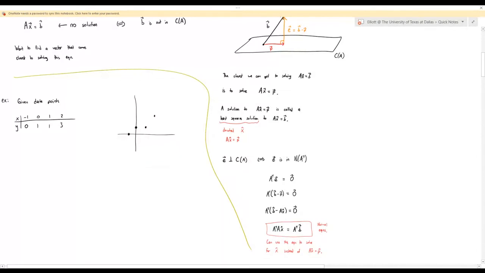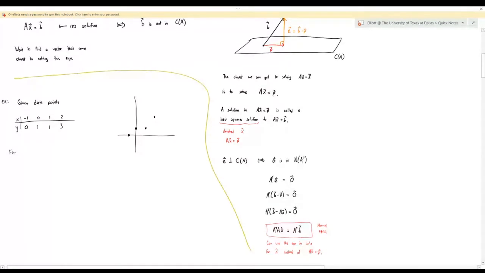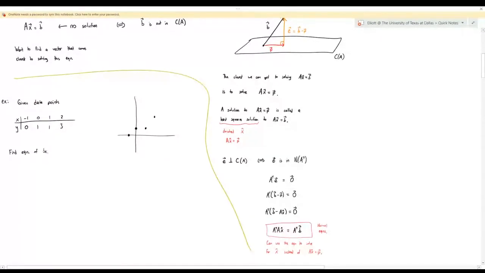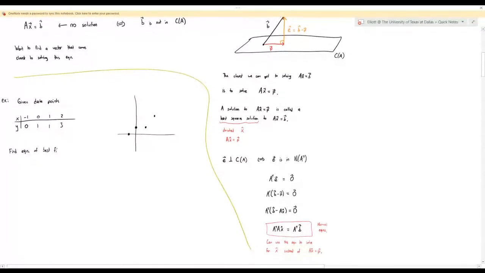In this example, we're going to calculate the line that will best fit these 4 points. All right, so let's see how we could do that using least squares.